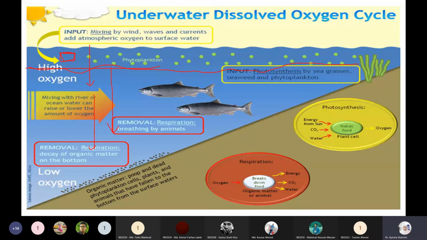So you can see these different life forms are using the oxygen for different purposes. You can have living things using the oxygen. You can also have degraded products or leftover things like dead bodies of fish and other things, which also need oxygen to get oxidized and become simpler molecules or substances, which can be water soluble and can be used as nutrients.